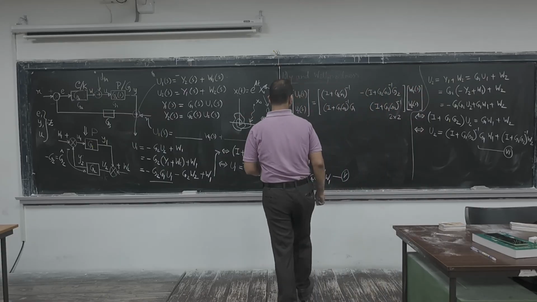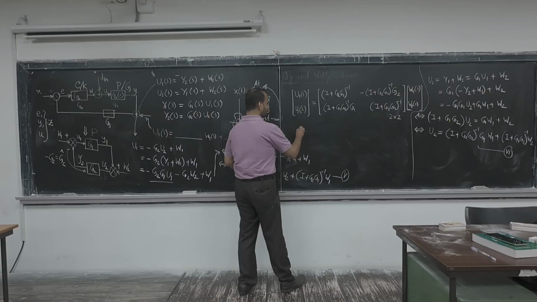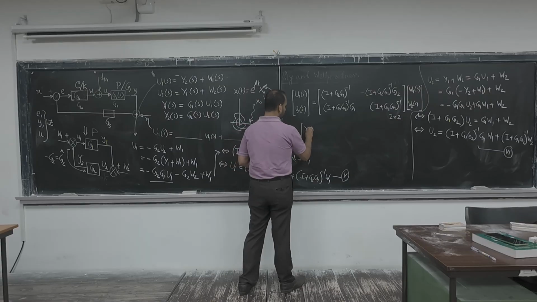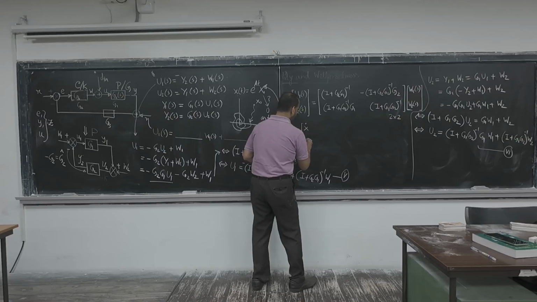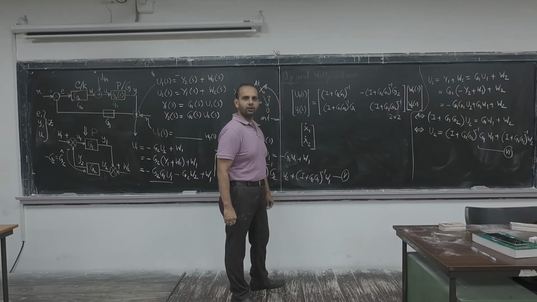So for this entire thing, in the next day we will see that suppose x is the state of G1, x dot, and suppose this is x1 and this is x2. So x1 is the vector, the state for G1, x2 is the state for G2.